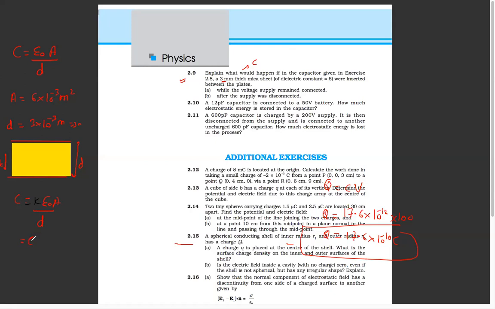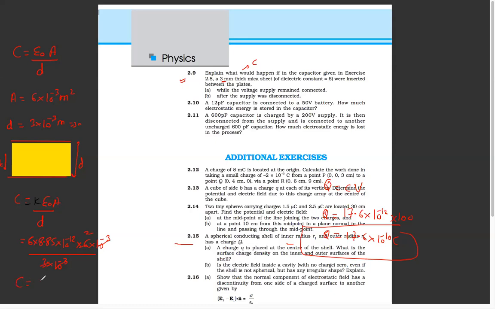So K is 6. Epsilon naught is 8.85 into 10 raised to the power minus 12. Area is 6 into 10 raised to the power minus 3 divided by D, which is 3 into 10 raised to the power minus 3. This gets cancelled out. This gets cancelled out. So the capacity comes out to be the same.